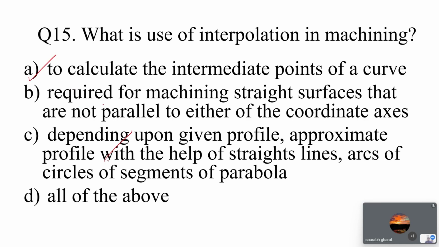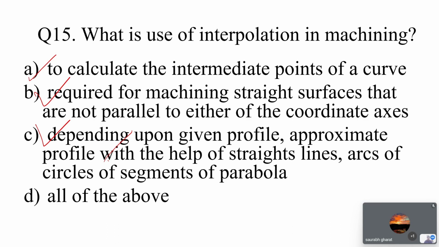A requirement of machining straight surfaces that are not parallel to either of the coordinate axes, which is also a correct answer. And depending upon the profile, we approximate the profile with the help of straight lines and arcs.